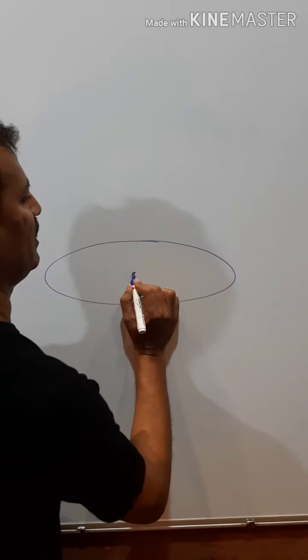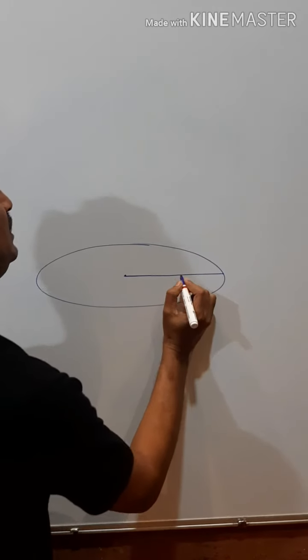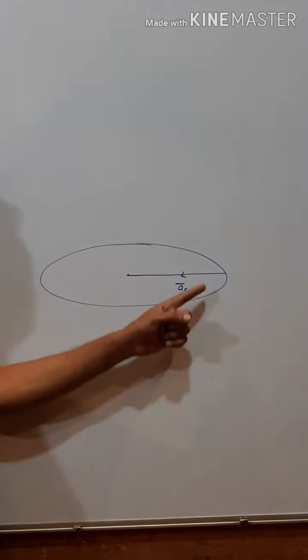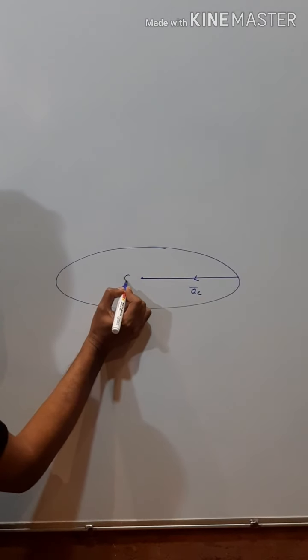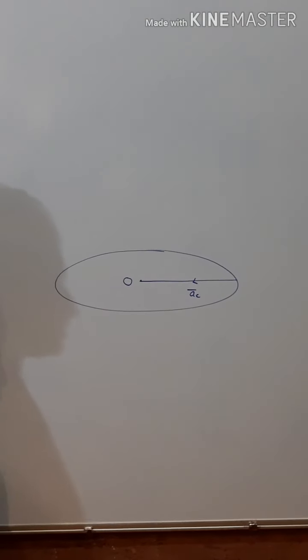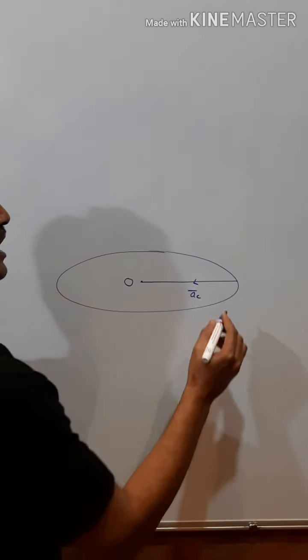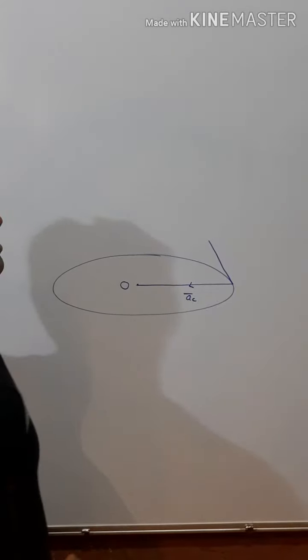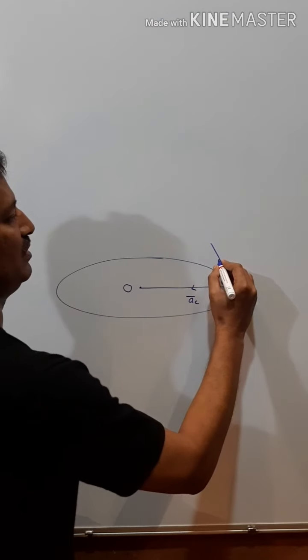We already know that the centripetal acceleration AC bar is along the radius and towards the center of the circle, and the tangential acceleration is along the tangent.